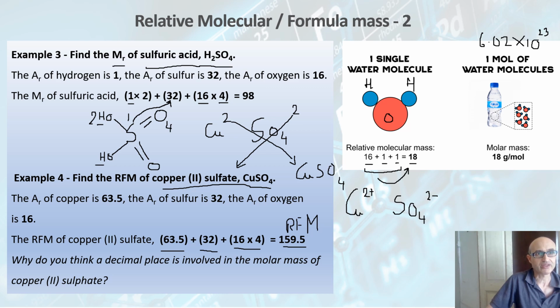But remember what we said, you express it in grams. That is the mass of 1 mole of water molecules. So 1 mole of water molecules, or 6.02 times 10 to the 23 water molecules, are found in just 18 grams of water. And since 1 gram of water is equal to 1 mL, therefore I have a mole of water molecules in 18 mL of water.